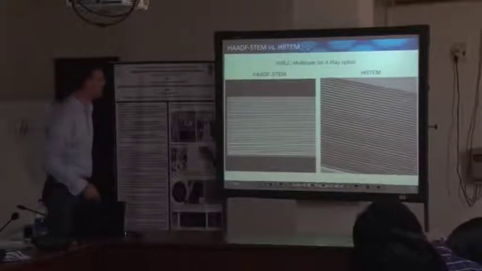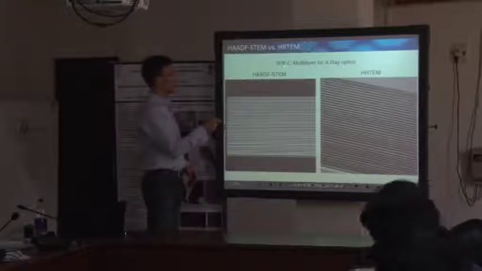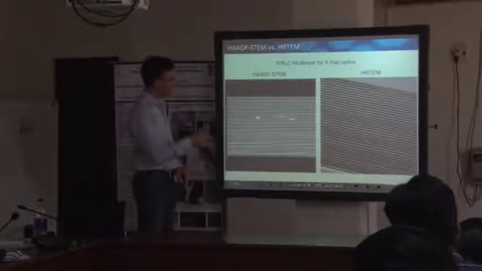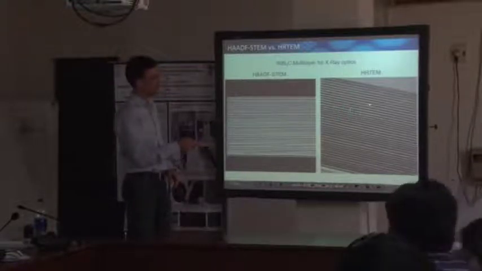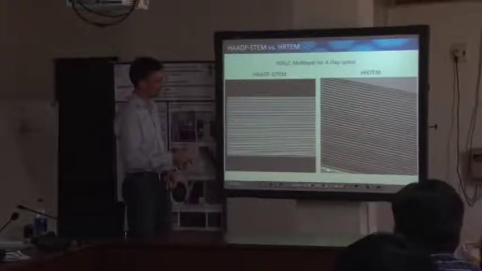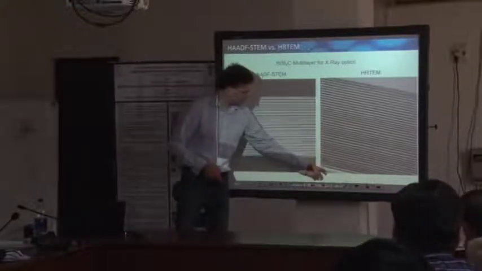There's another example. This is just a multilayer structure of tungsten, a very heavy material, and a very lightweight material. On the right-hand side, there is an HRTEM image, just for comparison. You have a substrate here, a lightweight substrate.